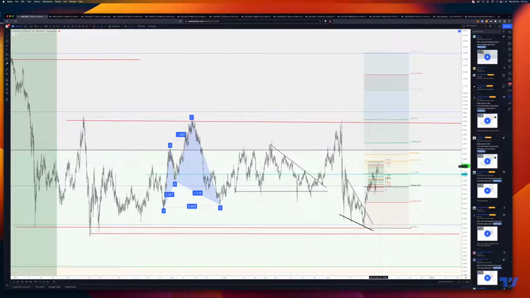I think this will be a rejection level. Measuring from the bottom to the top, the 0.618 level is going to be difficult to pass, so I think this will come back down. We might look for basically a swing trade in the making there.